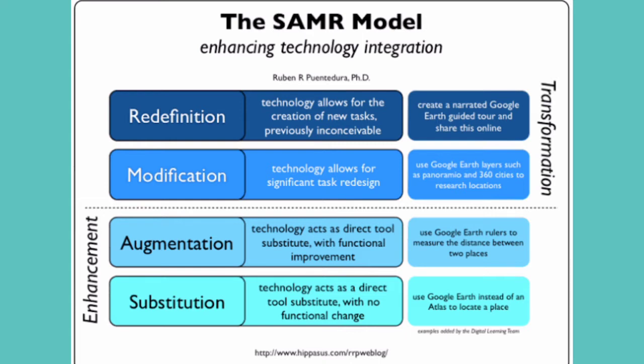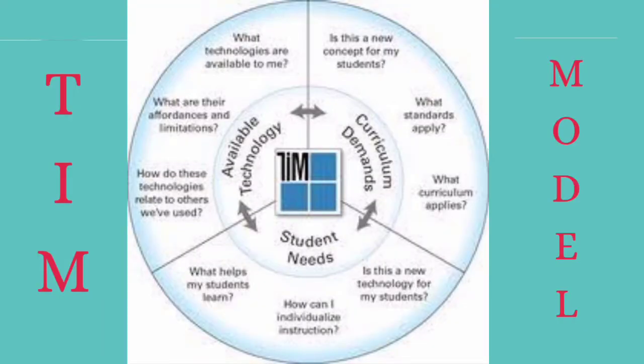In modification, technology not only enhances the learning activity, it also significantly transforms it. In redefinition, this level requires the teacher to think about learning activities that were previously inconceivable without the use of technology.